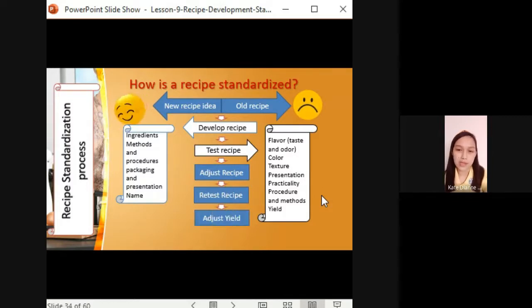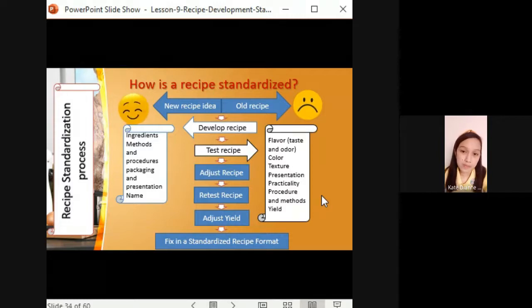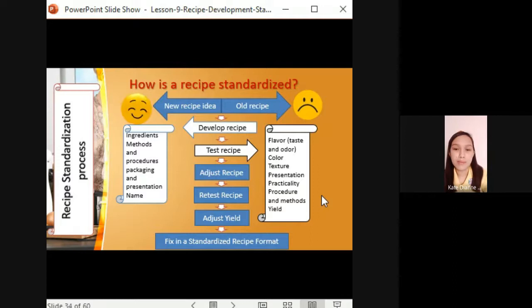Mas maraming sugar ba, mas okay? So yon, i-adjust natin yung recipe natin. As well as the procedure, sa procedure naman is kung nakita natin na medyo mahaba yung procedure ng ating ginagawang recipe. So pwede natin diyan adjust kung may maisip pa tayong ibang paraan na mas mapapabilis.